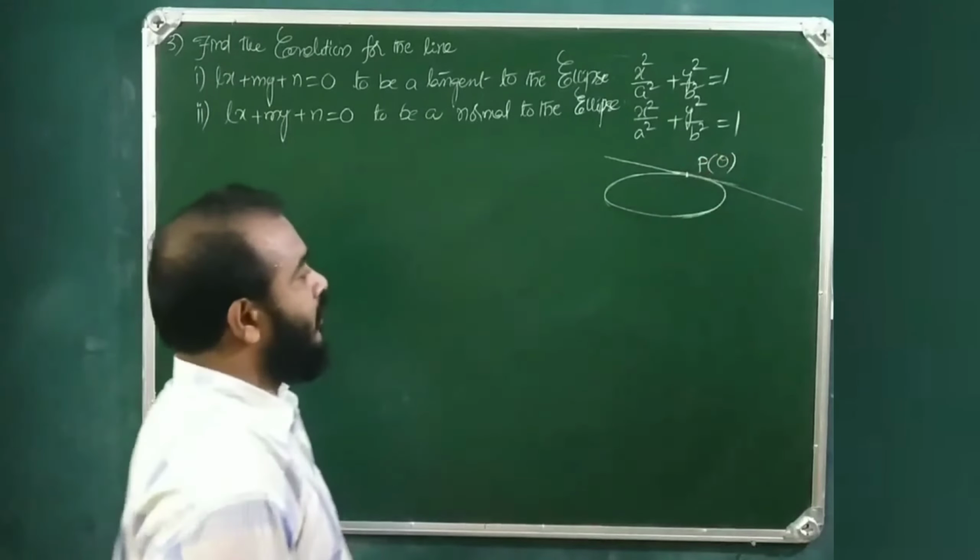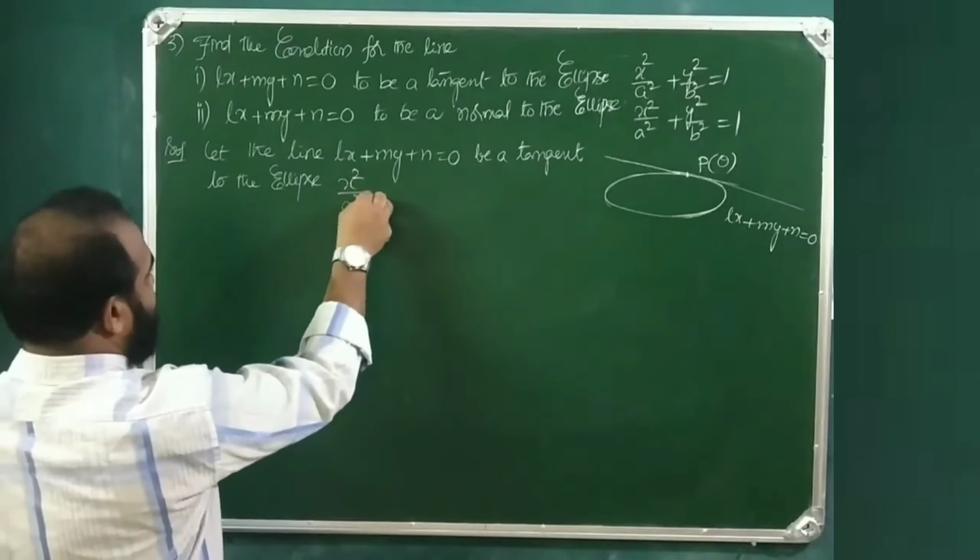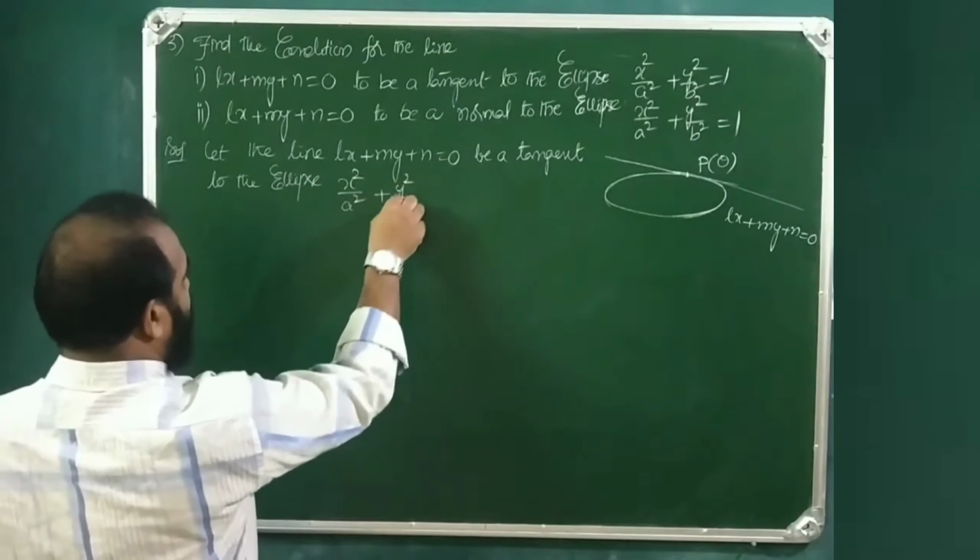So let the line Lx plus my plus n equals to 0 be a tangent to the ellipse x square by a square plus y square by b square equals 1.